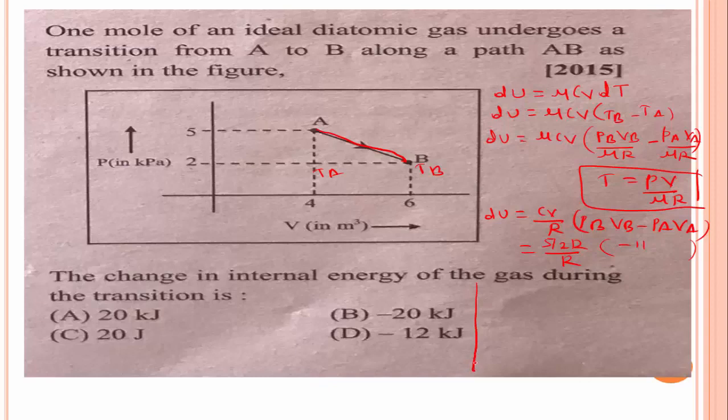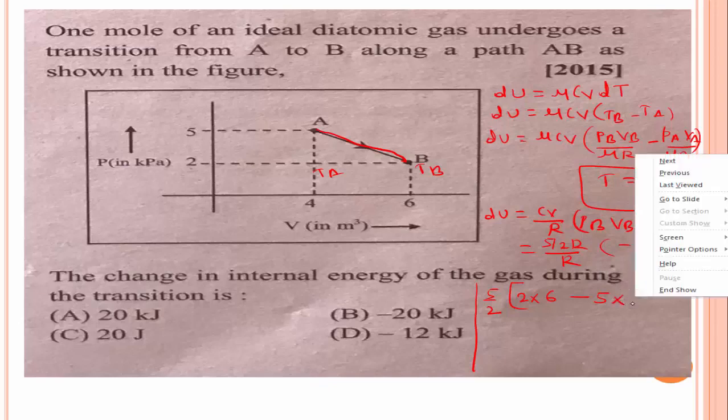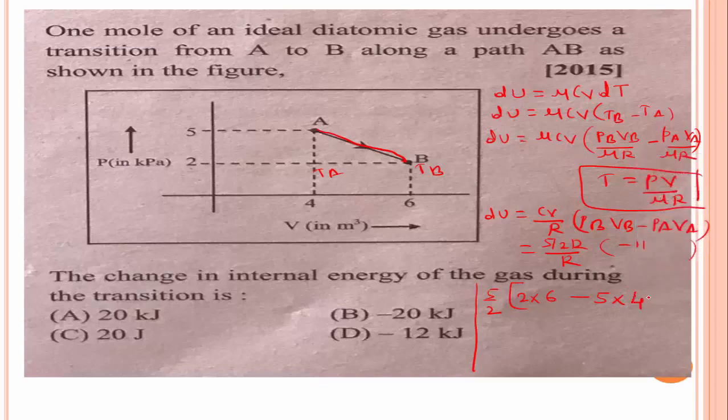Now substitute the values in this problem, that is 5 by 2, R and R get cancelled. Pb, the pressure at point B, is 2, into volume at B, that is 6, minus Pa, the pressure at point A, that is 5, into the volume at point A. Volume at point A is 4 into 10 to the power of 3 meter cube, the SI unit of volume.